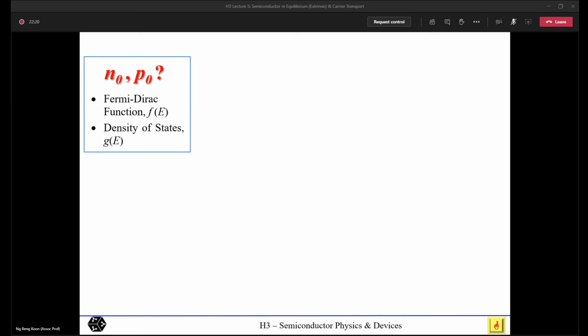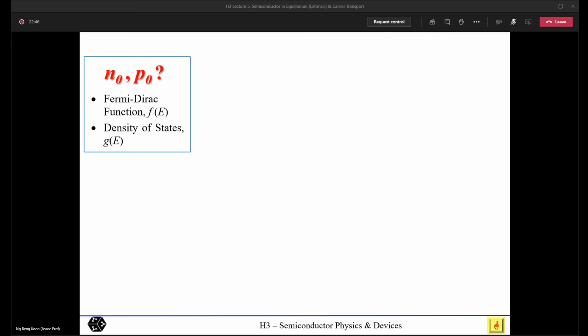To theoretically derive expressions for N naught and P naught, we need two pieces of information. The first is the Fermi Dirac distribution function, which tells us the probability of finding an electron at a particular energy level. The other quantity is the density of states, G of E.